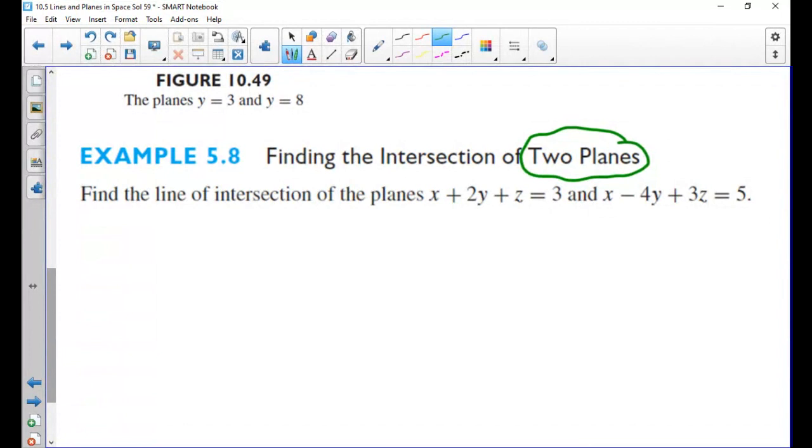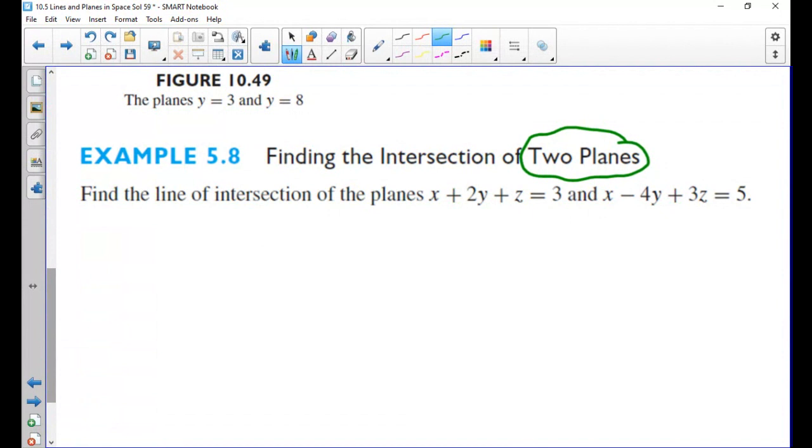The intersection of two planes is going to be a line, unless they are parallel. If you take the ceiling and this floor, will they ever meet? If you extend them, they are parallel, they will never meet. But if two planes meet, they will meet along a line. Their intersection will be a line.